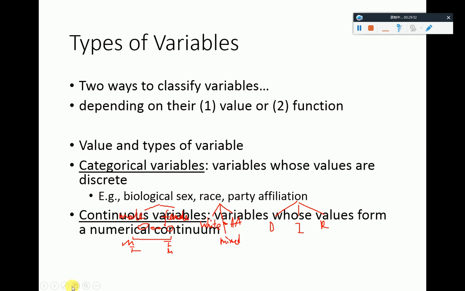Oops. Let me erase all my drawings here. Okay, so when I'm erasing my drawing here, I'm almost there. If we have categorical variables, then it makes sense that we have what we call continuous variables.